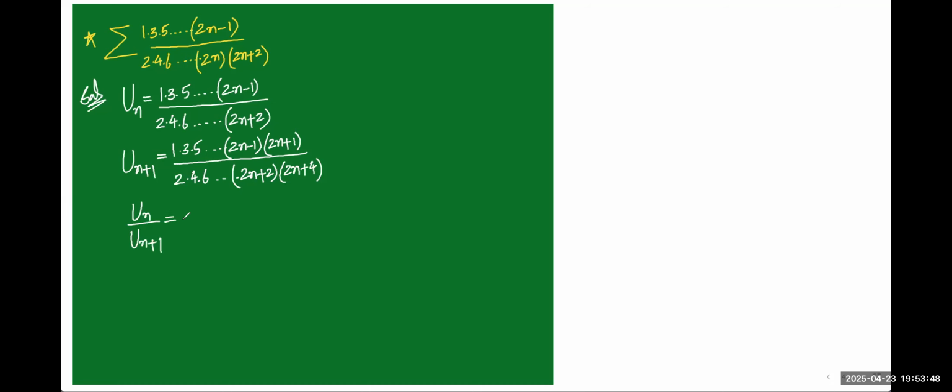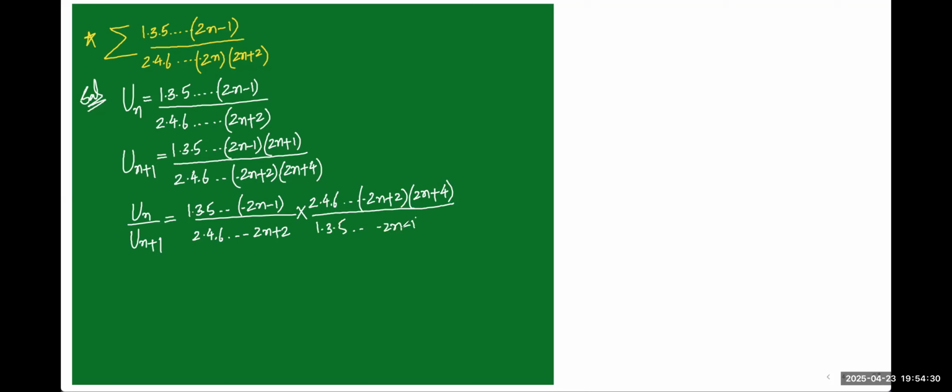So now taking the reciprocal and cancelling the terms, we have 1 into 3 into 5 and so on up to 2n minus 1, divided by 2 into 4 into 6 and so on up to 2n plus 2, multiplied by 2 into 4 into 6 and so on up to 2n plus 2 into 2n plus 4, divided by 1 into 3 into 5 and so on up to 2n minus 1 into 2n plus 1.